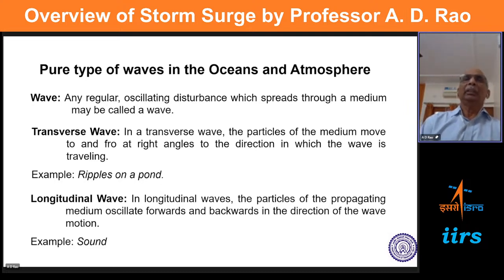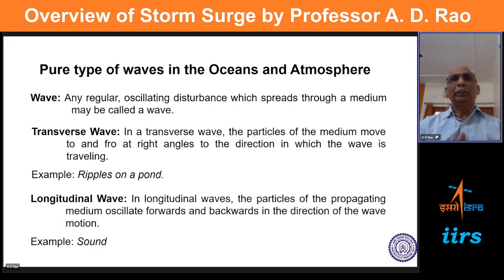You all know that a wave is an oscillating disturbance which spreads through any medium. This is a very basic, elementary definition of a wave. But you have only two types of waves, whether you consider oceans or atmosphere: transverse waves and longitudinal waves.